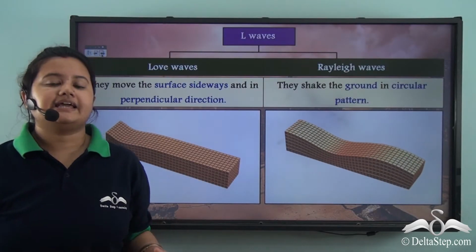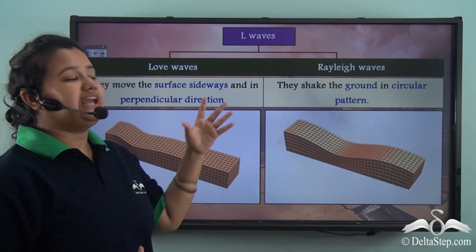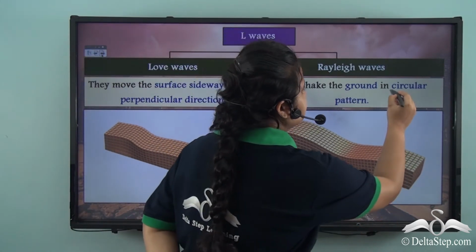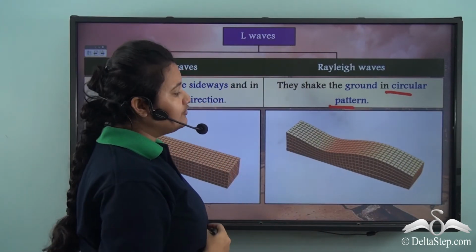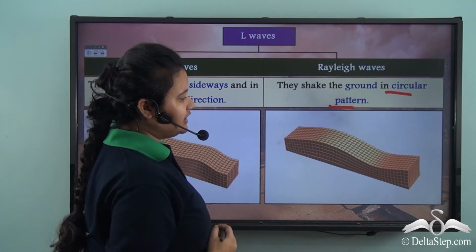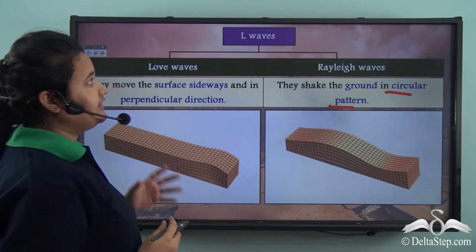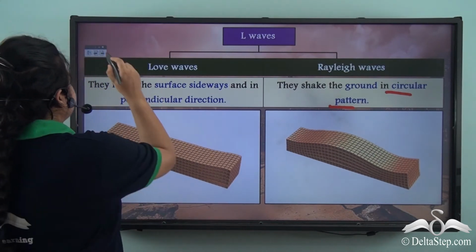Now, the second type of L waves or surface waves is Rayleigh waves. These waves shake the ground in a circular or elliptical pattern. See in this video, we can see that the Rayleigh waves are moving in an elliptical manner. Thus, surface waves are of two types, Love waves and Rayleigh waves.